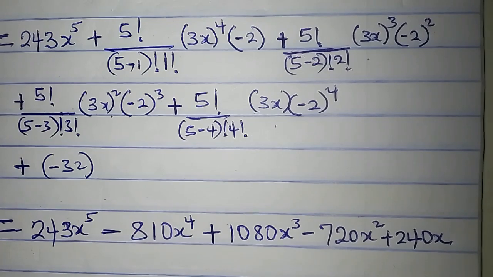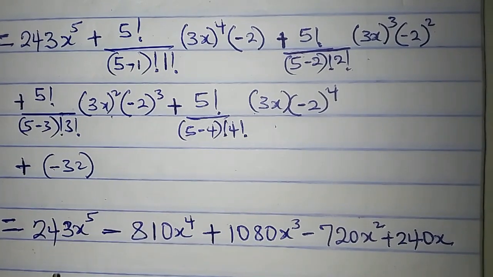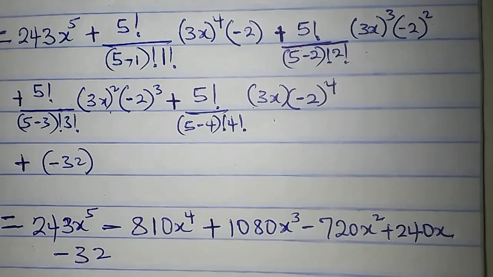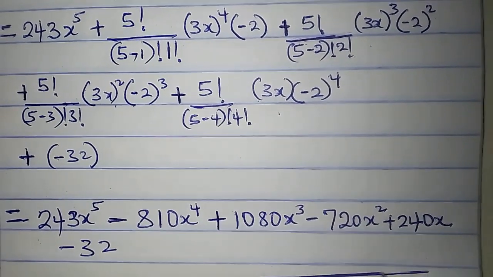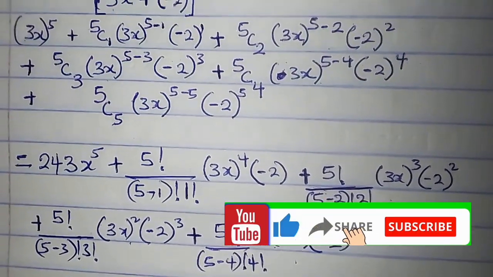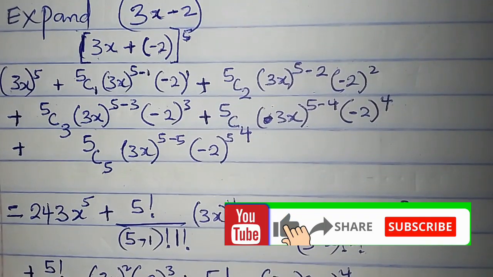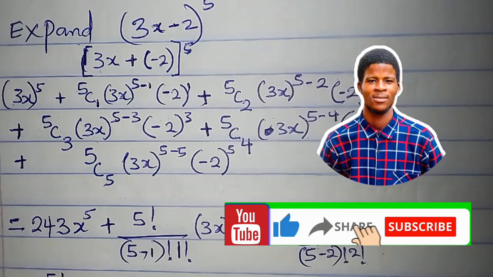Then plus times minus is minus 32. So this is the binomial expansion of the very expression that we have, 3x minus 2 all to the power of 5. Right?